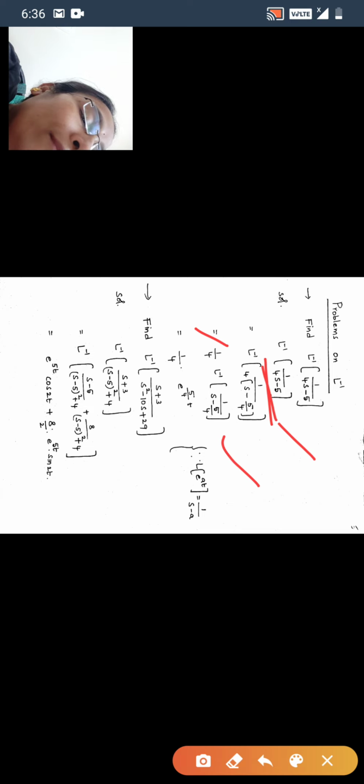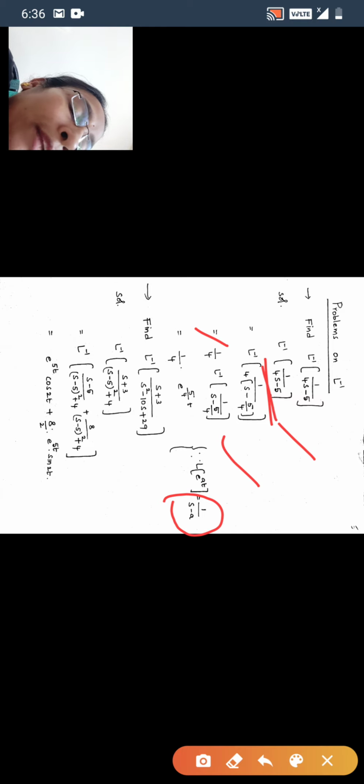That's why try to take 4 outside of L so that we get 1 by 4 L inverse of 1 by s minus 5 by 4. Clearly 1 by s minus a is the Laplace transform of e power at. So in place of a, here 5 by 4. So e power 5 by 4 t. So try to complete this problem on your own.